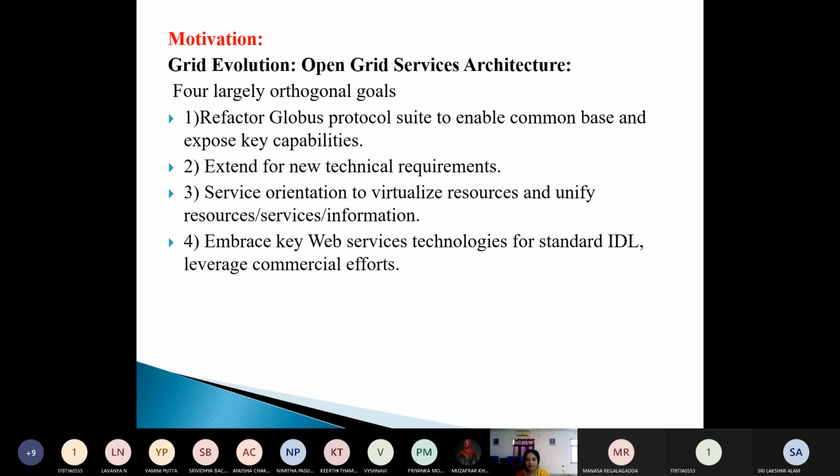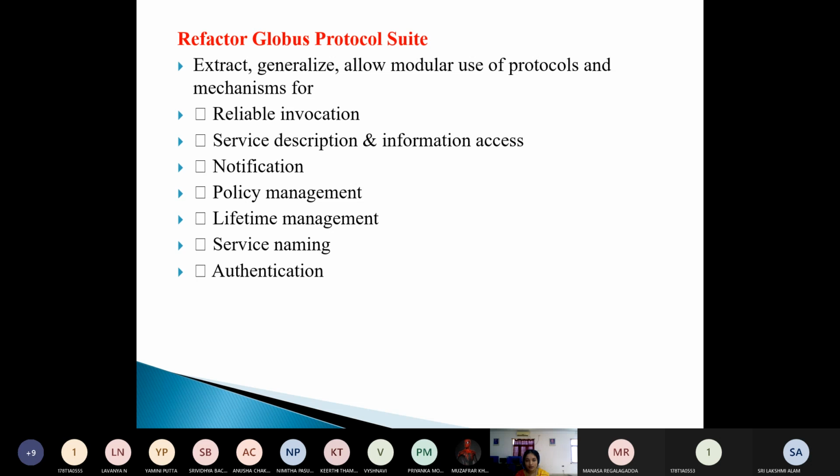Here we extract and generalize, allowing modular use of protocols and mechanisms for reliable invocations, service descriptions and information access, notifications, policy management, lifetime management, service naming, and authentication. These are the different protocols we have to follow in the grid service. This is also a goal of the OGSA.